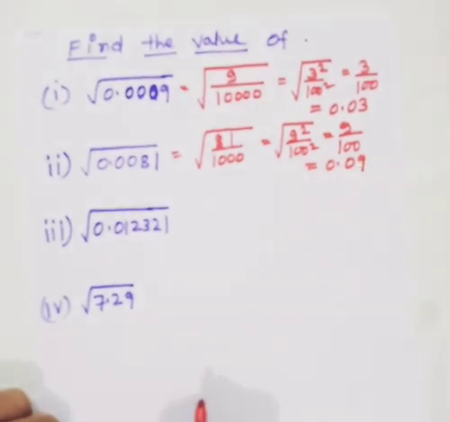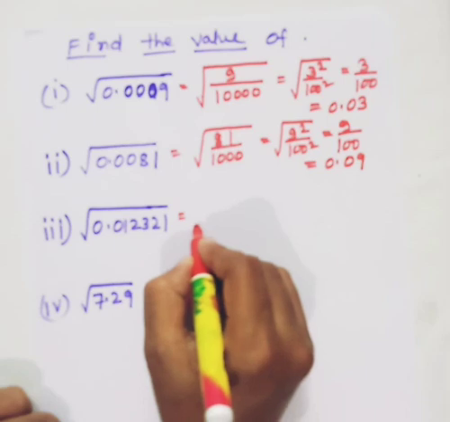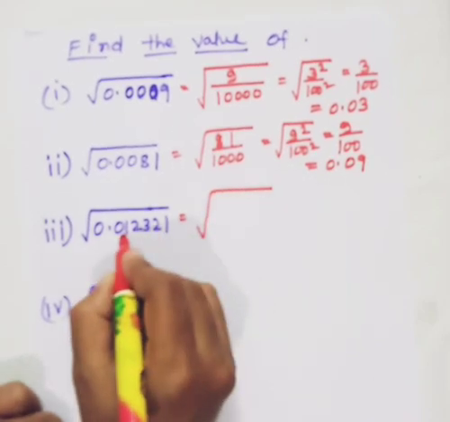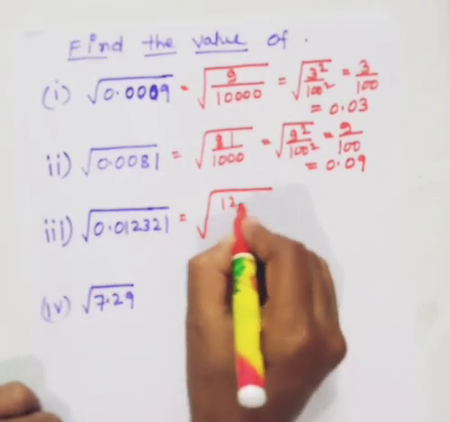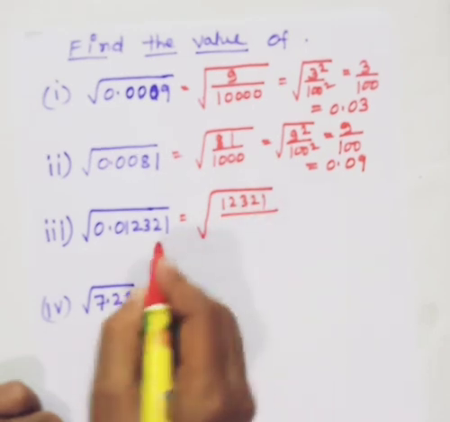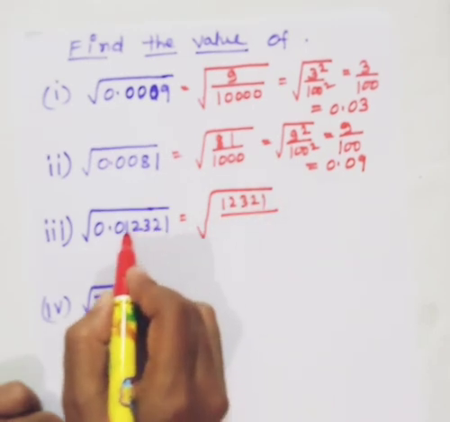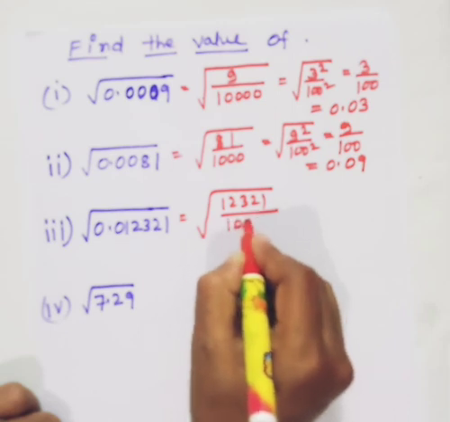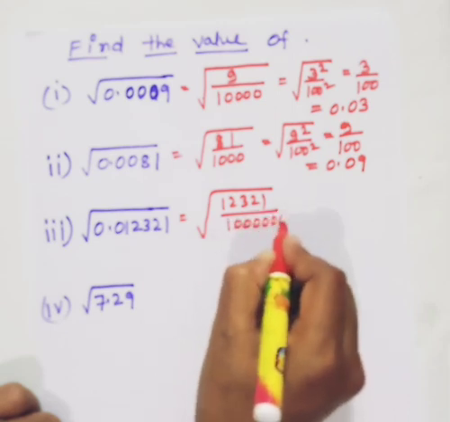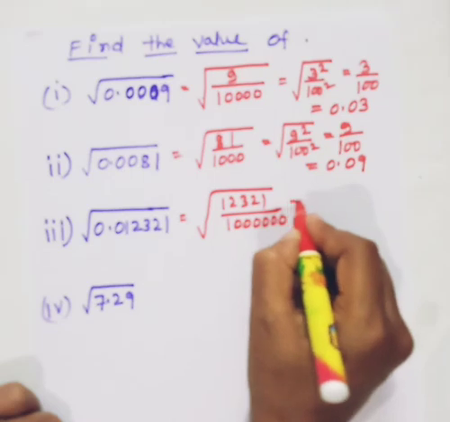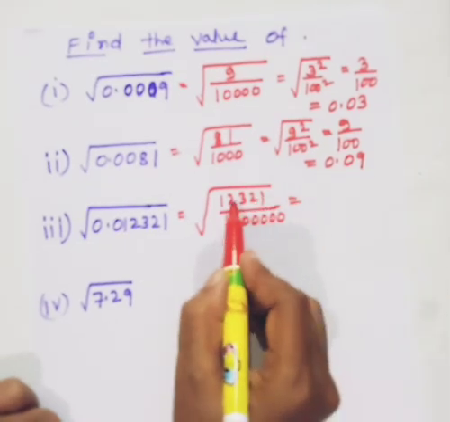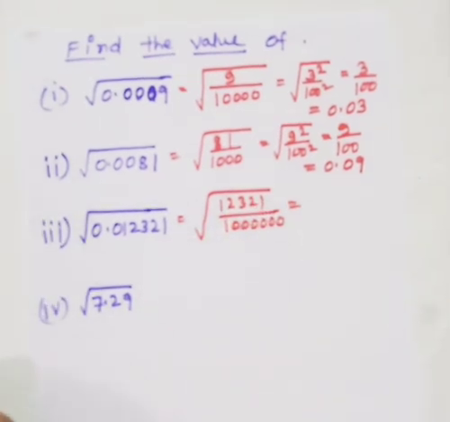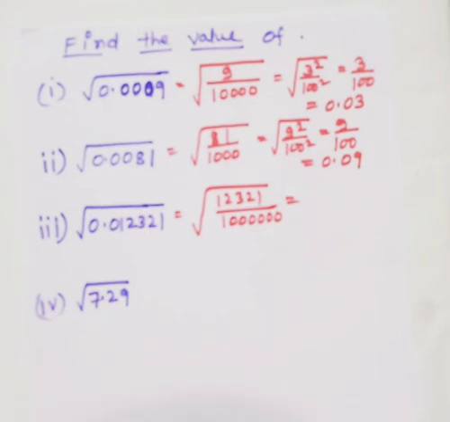See this one. This will be root of 1232100 by 1000000, that is, 1 2 3 4 5 6 zeros. Okay, so that means 12321, what is its square root? Do you remember?